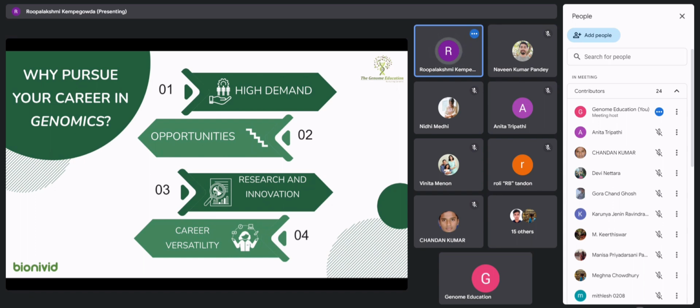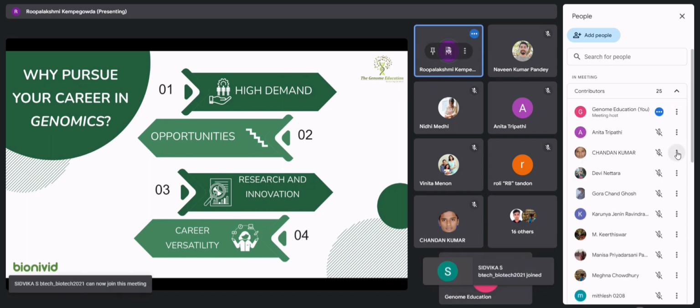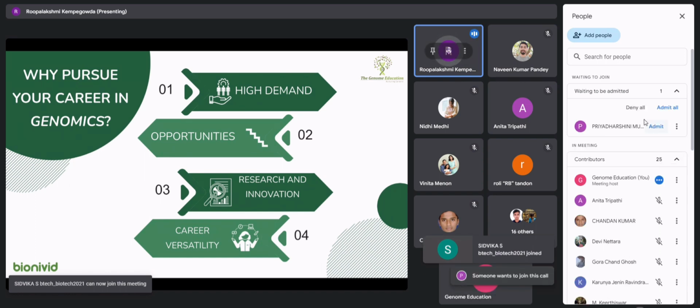And when we have high demand, opportunities, research and innovation, there will be versatility in the career also. As I told you, one can go for clinical genetics, plant genetics, marine genetics, then you have fossils, forensic labs. These are the versatile career opportunities.